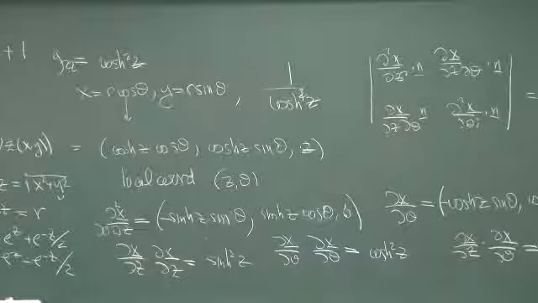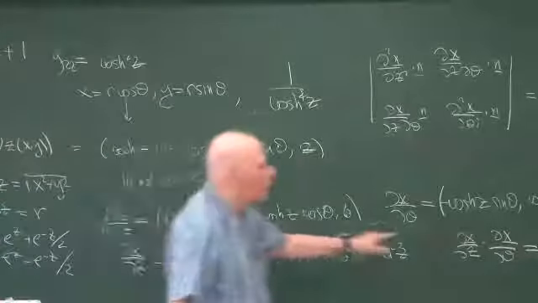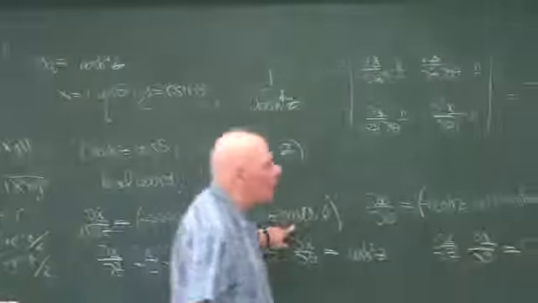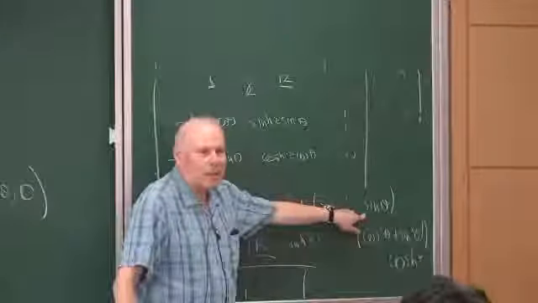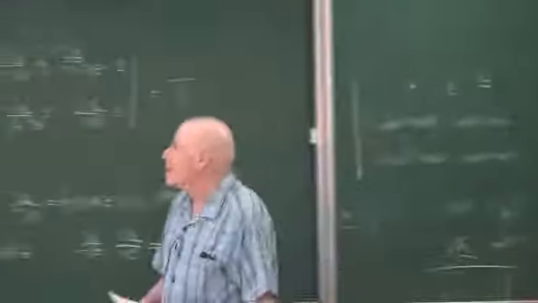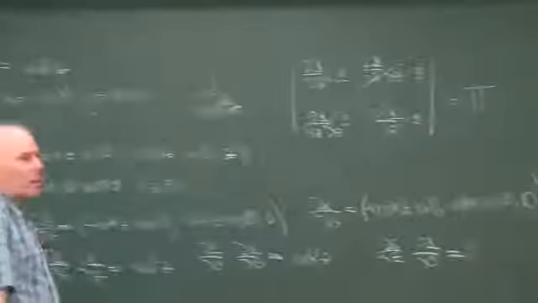Now let's look at that dotted with n. When I dot it with n, I'll get a hyperbolic sine z sine theta cosine theta. And this one will give me a hyperbolic sine z cosine theta minus sine theta. They cancel. Okay. So immediately we see that these terms are 0.